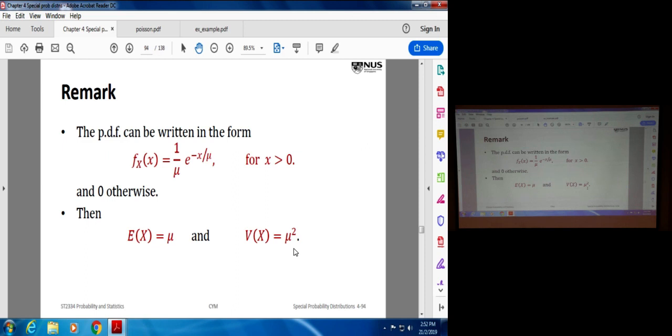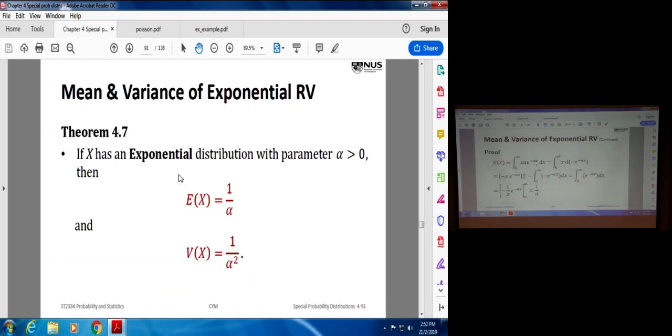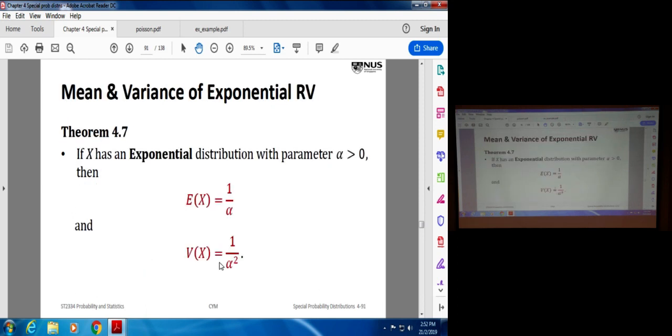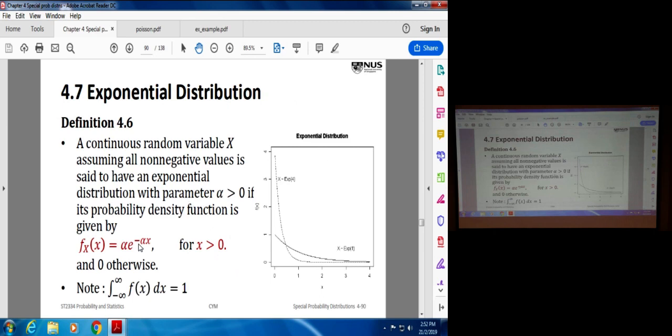If you prefer, this is a nicer looking expression for the expectation and the variance, but the PDF looks more ugly. Alternatively, the PDF here looks relatively neat, and the mean and variance look relatively more ugly, but it doesn't matter. It's just a way of specifying the parameter. So typically one specifies it this way.